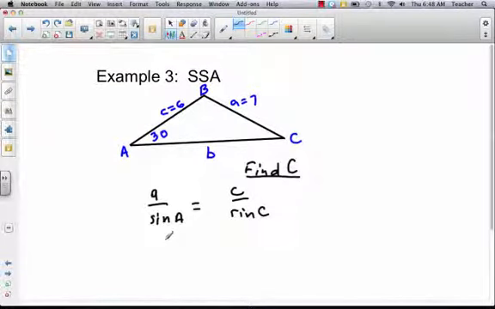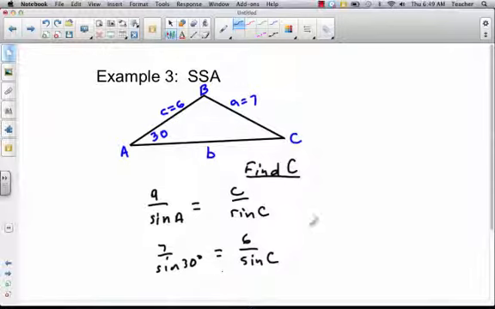So we'll put in our information. A is 7. Sine of A is sine of 30 degrees. C is 6. And we do not know angle C.